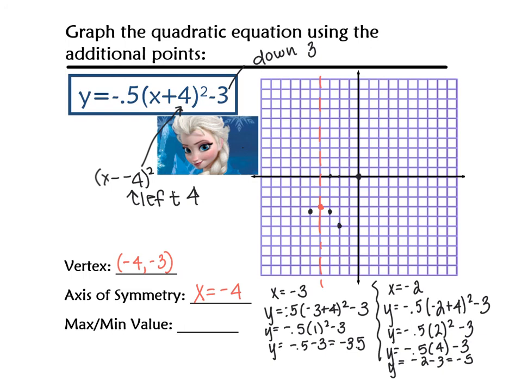And that's 2 away from the axis of symmetry, so I mirror it to the other side. Lastly, you connect your points to draw your parabola. You put arrows on the end, and then you have to identify, is this a max or a min? It's opening down, which makes my vertex the highest point on the graph, which means it's a max.